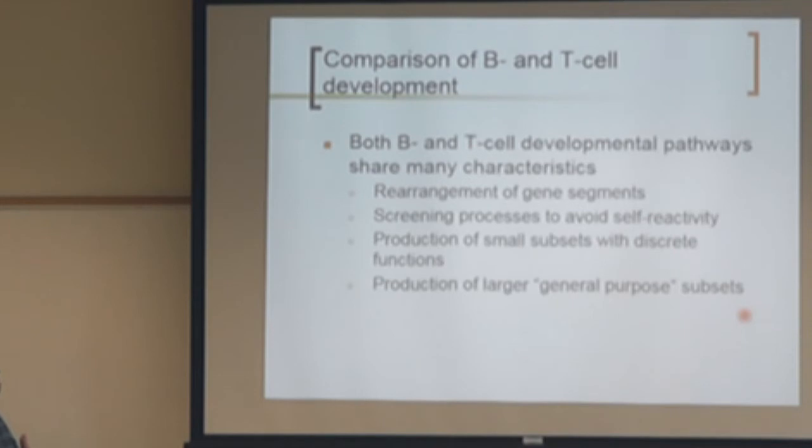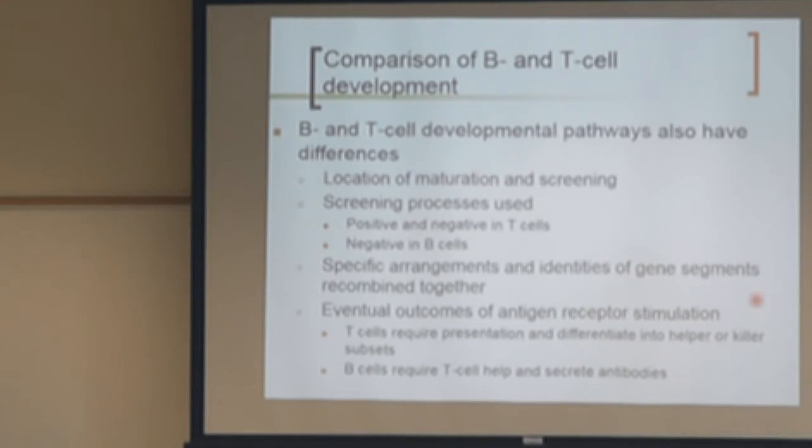They have small subsets with discrete function, like gamma deltas versus our B1s. They have larger general purpose subsets like the alpha betas and like our B2s. The location of maturation is different.